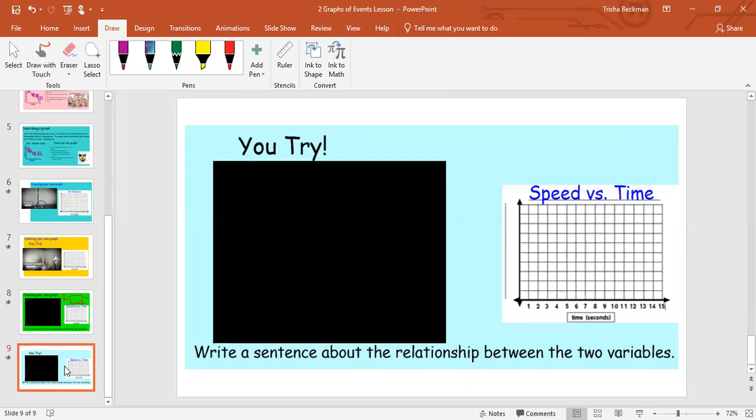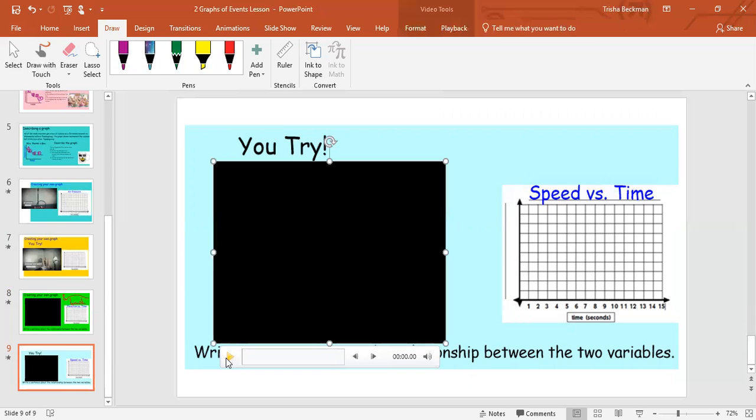This time a person is going to be driving and you are watching their speed. I believe the scale going up and down is by 5. So if you want to label the scale, go ahead. But you're watching this driver's speed.